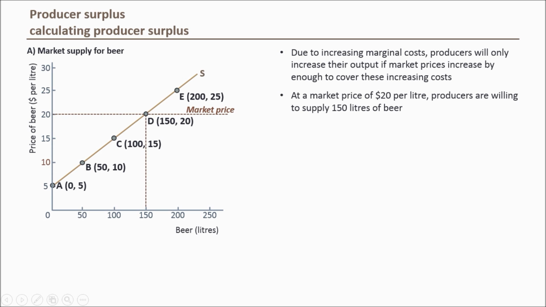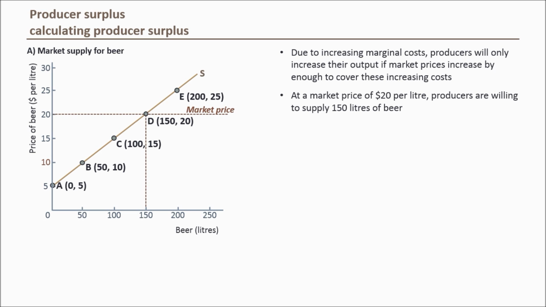For example, if we look at point B for a moment, we can see that at a market price of $10 per liter, producers would still supply 50 liters of beer. This is because at a market price of $10 per liter, producers could produce 50 liters of beer and still make a profit.